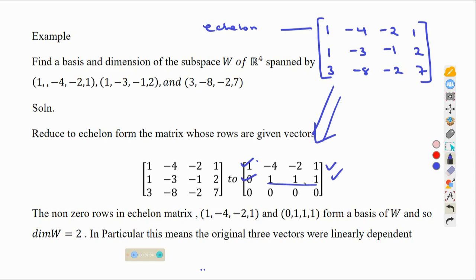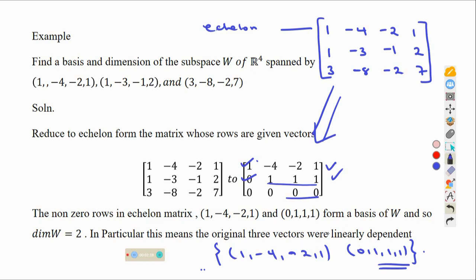In other words, our basis will contain 1, -4, -2, 1 and then 0, 1, 1, 1. So make sure you row reduce until you are able to obtain the echelon form, and the non-zero rows will become your basis elements.